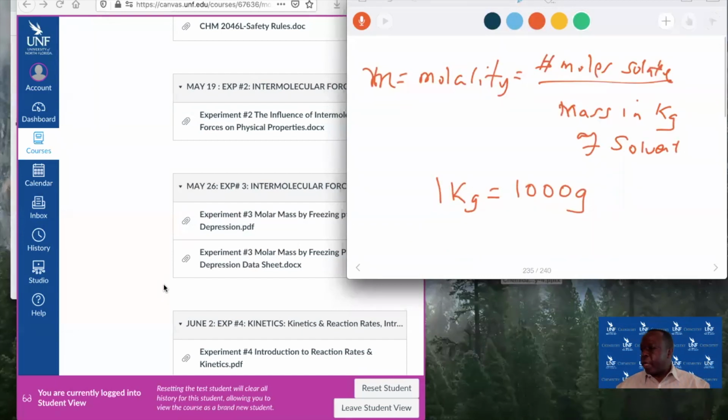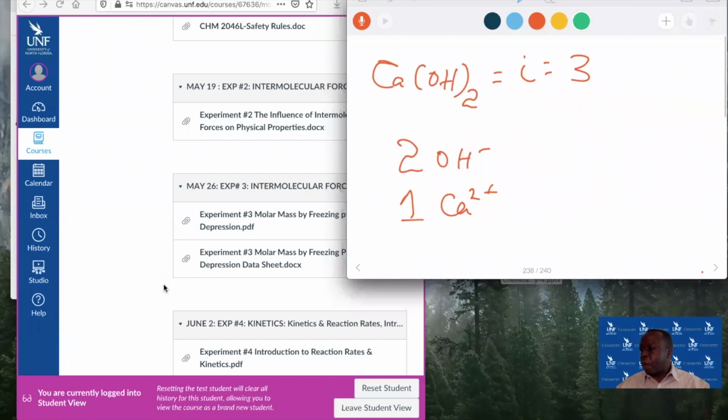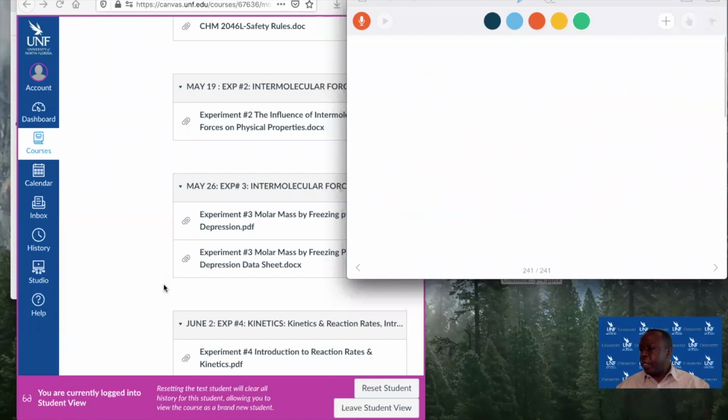And then the third colligative property, which we are going to use in this experiment, is freezing point depression, okay?